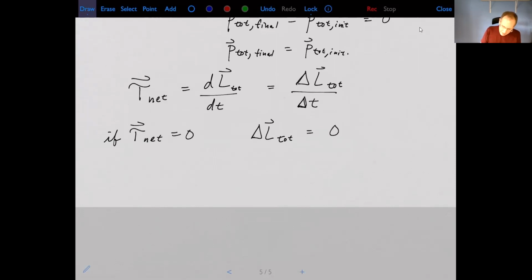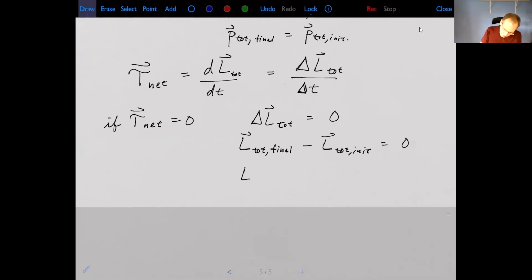And then we could say that the total angular momentum final, same argument as before, minus the total angular momentum initial is equal to 0. Or we could say that total angular momentum final is equal to total angular momentum initial.